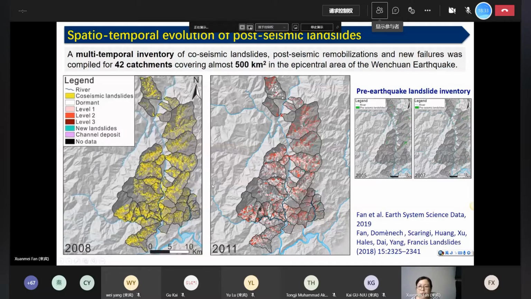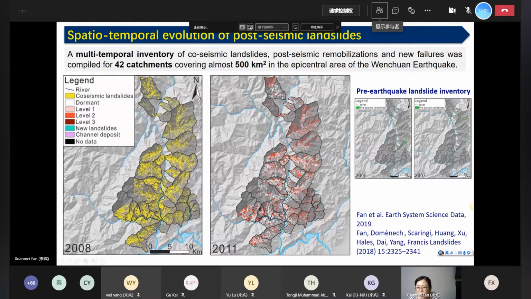First, we are trying to understand how landslide activity changed from 2008 until now. So we created a multi-temporal inventory of co-seismic and post-seismic landslides, covering a time period of about 12 years after the earthquake. This figure shows the co-seismic landslides: all the yellow polygons represent co-seismic landslides.